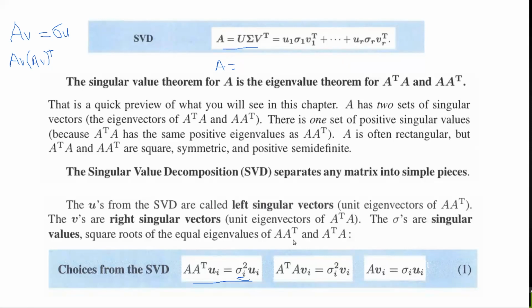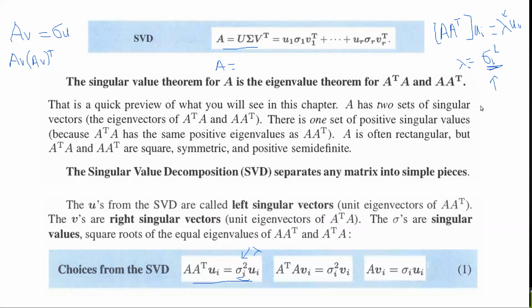What I mean is that if we replace this gamma square by lambda, then we have a system like this: A transpose A, which is a square matrix, with U_i, the eigenvectors, and lambda U_i. So lambda_i in this case is equal to gamma_i square. So this will be the eigenvalues, and this parameter here is what we call the singular values.